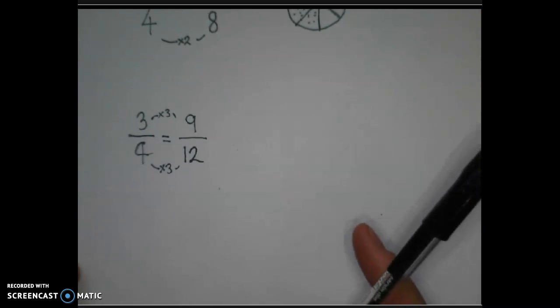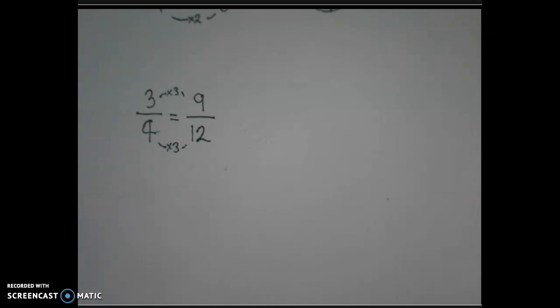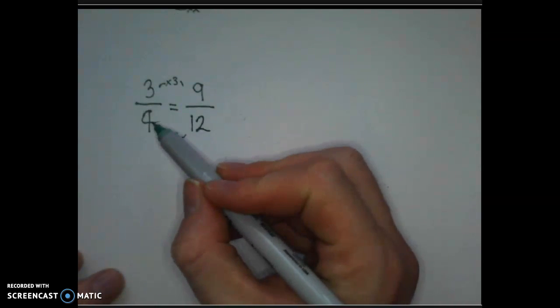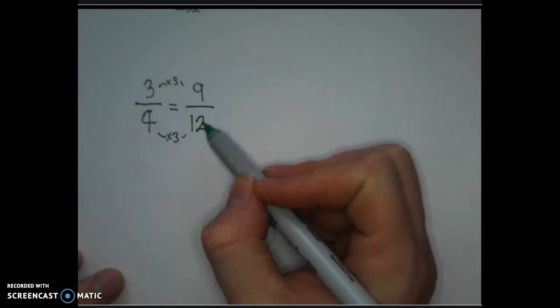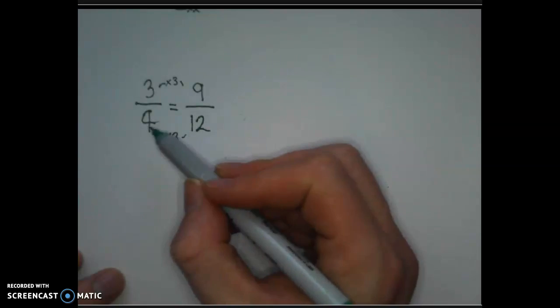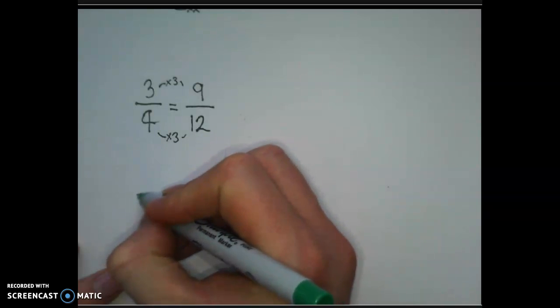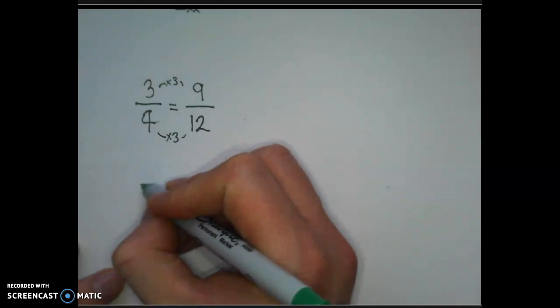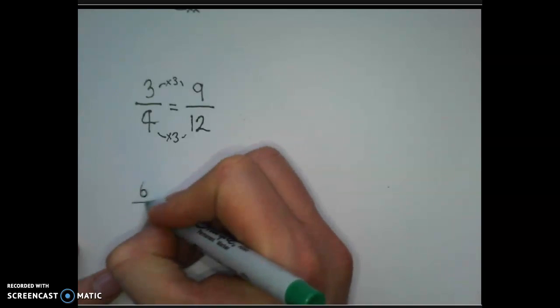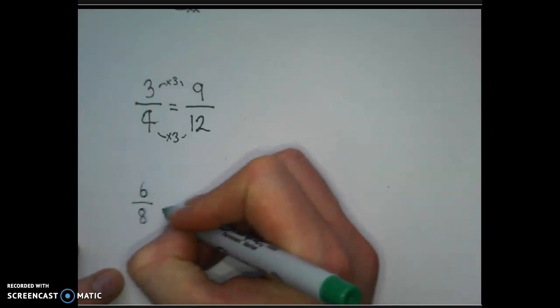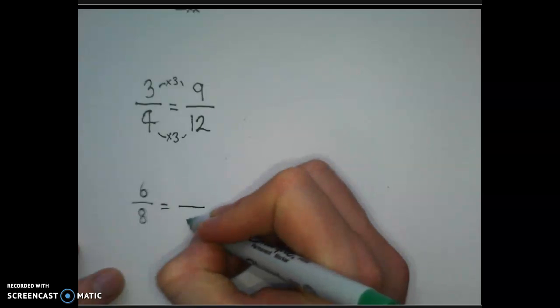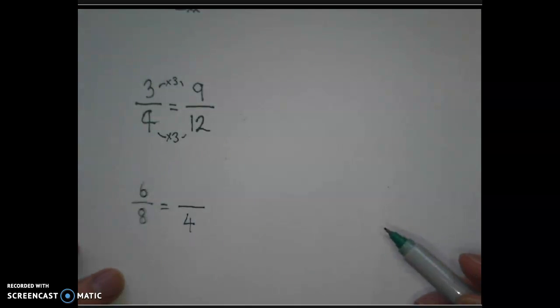All right. And I'll show you one more actually before we go. So far I've been multiplying, so going to get a bigger number. But if I went like this, 6/8 equals how many quarters?